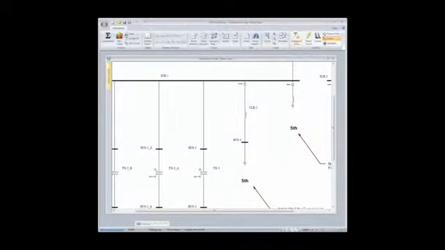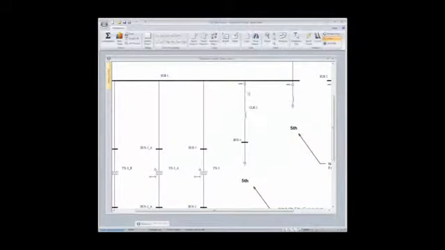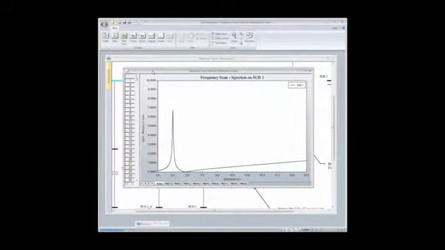When I go to harmonics focus and run my impedance scan, obviously I get a ramp because I don't have anything on. Then, if I put one of these filters on, I get a tuned fifth harmonic filter. One of the most important aspects to recognize here is the first parallel resonant point.